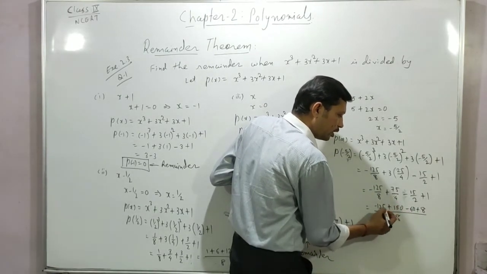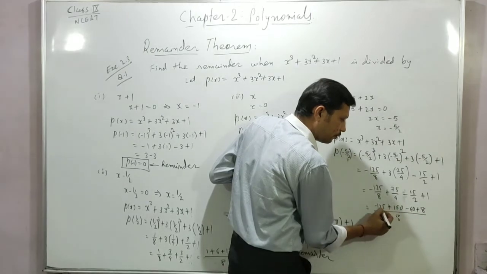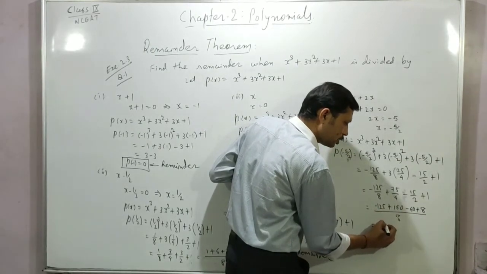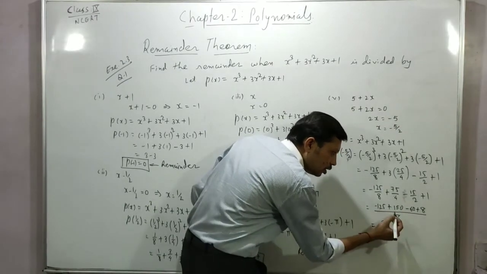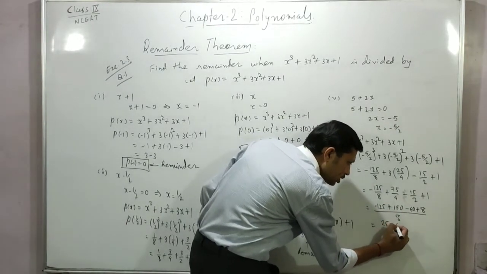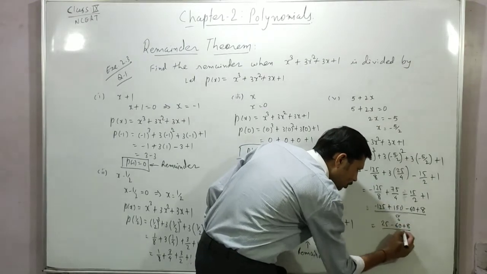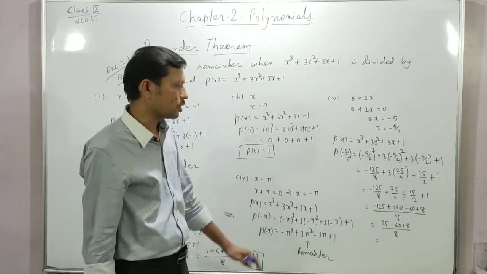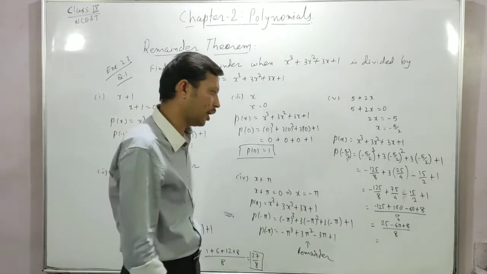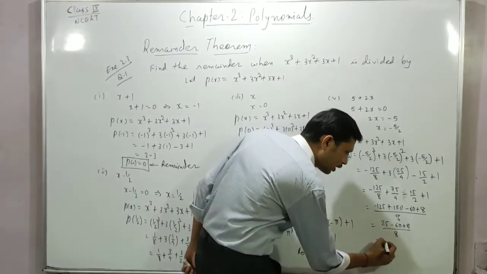Okay, so now positive number and negative number, addition, or first let's take these two, 150 and 125, the subtraction is plus 25. Okay, positive number and negative number, subtraction, and the sign of the greater number: minus 60 and plus 8 upon 8. Let's see, 25 and 60, what is the subtraction? So 60 and 25, the subtraction is 35 and the answer is negative because 60 is the greater number.